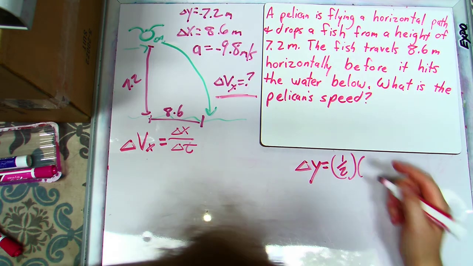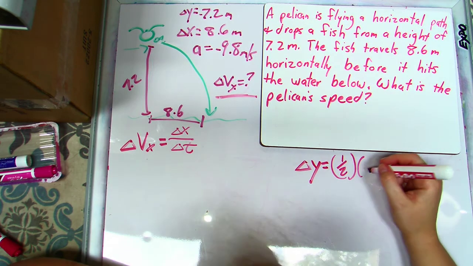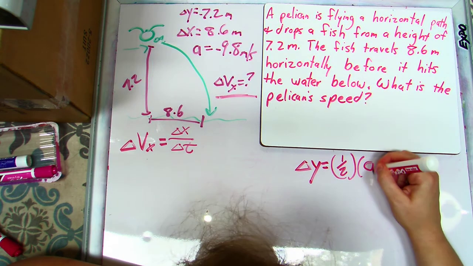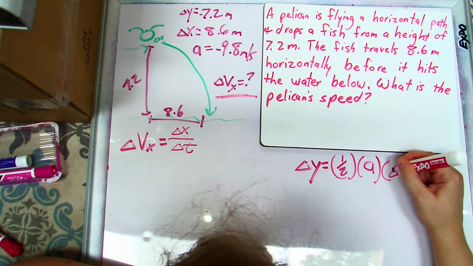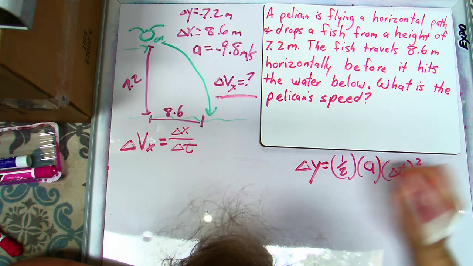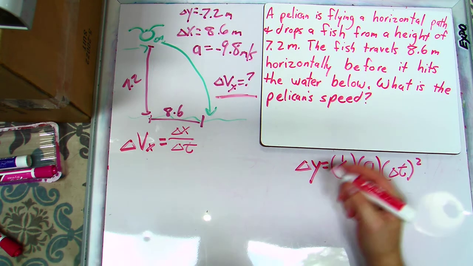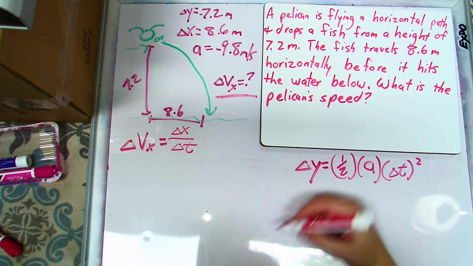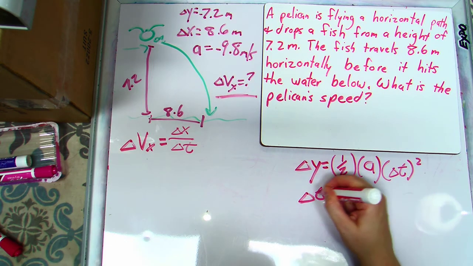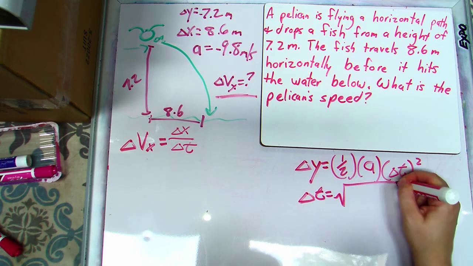Delta y equals 1/2 acceleration due to gravity times time squared. Well, we've already rearranged that and showed you how to rearrange it in the last problem, so I'm just going to go ahead and have it ready to go.